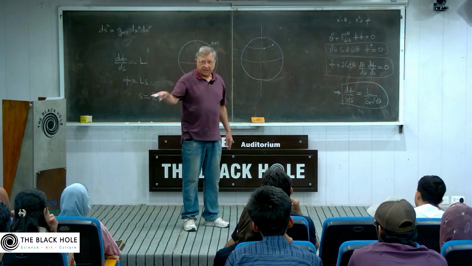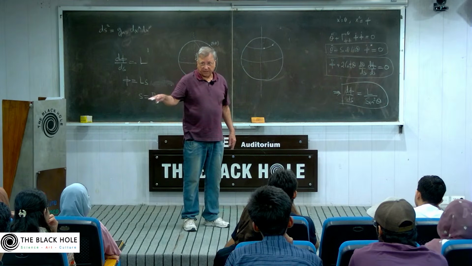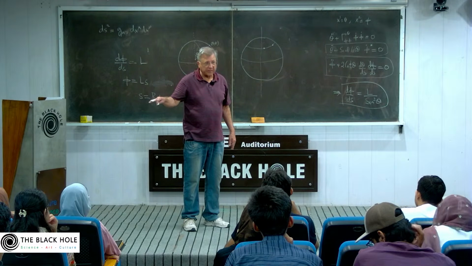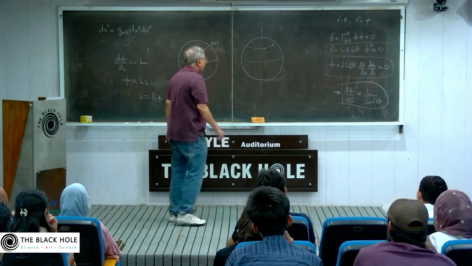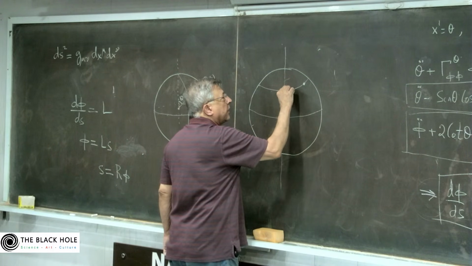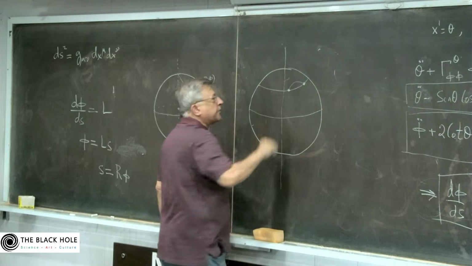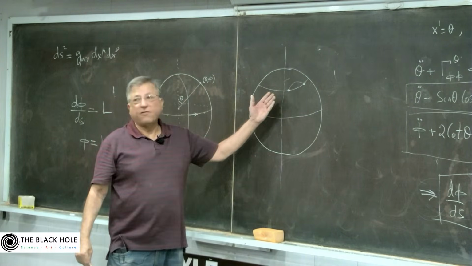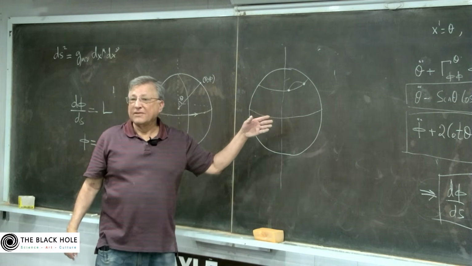This is the problem that I've given you, and you will work it out explicitly. He has to travel along this path, and this path follows the curvature of the earth.